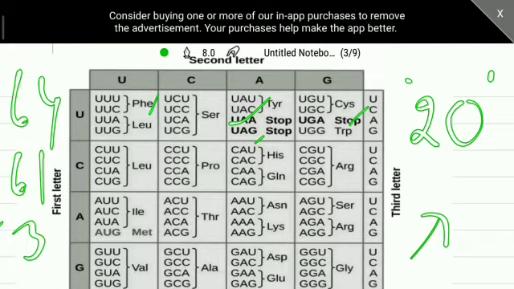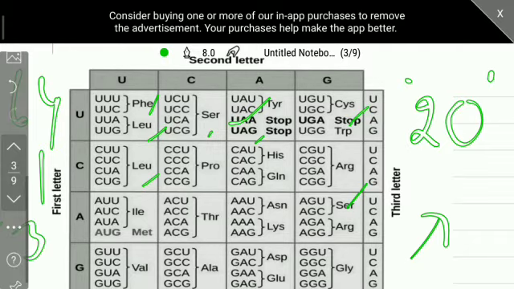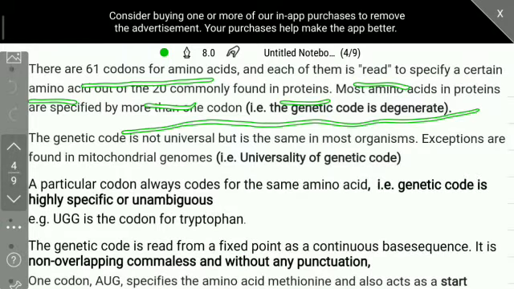How many codons for leucine? 2 here and 4 here, so 6 codons altogether. Serine has 4 here and 2 here. In such a manner, each amino acid is coded by more than one codon, and that is why the genetic code is said to be degenerate.